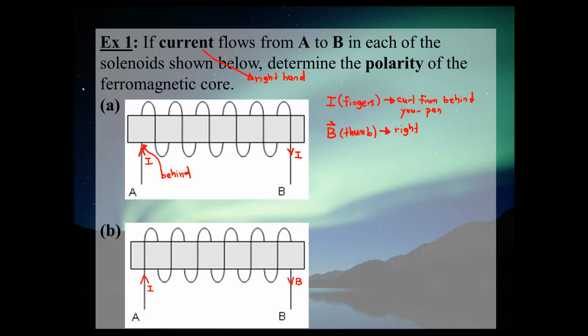So if your thumb points towards the right, that is also the direction that you're going to induce a north pole. So on this picture right here, if your thumb points towards the right, it means the field lines have to exit from the right-hand side, and field lines only ever exit from the north pole. So the right end's the north pole, and the left end would be a south pole. Okay, and that's the direction of your induced north pole.